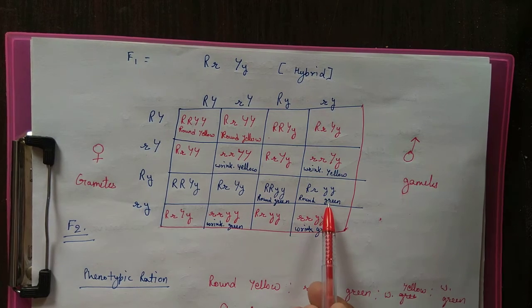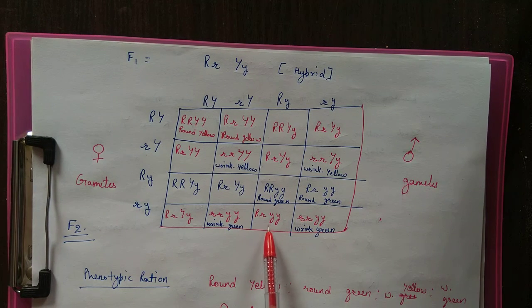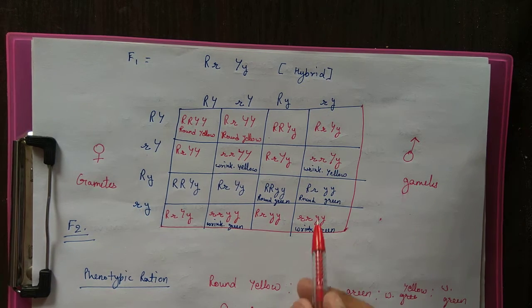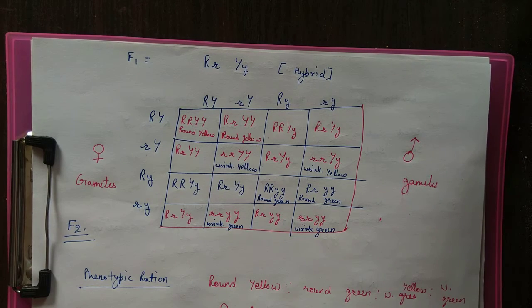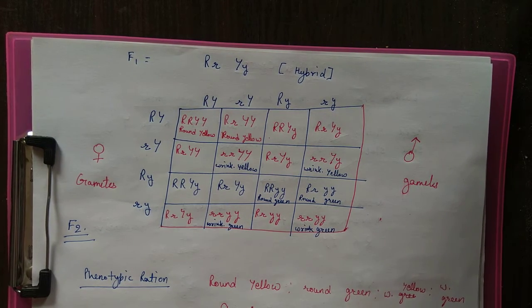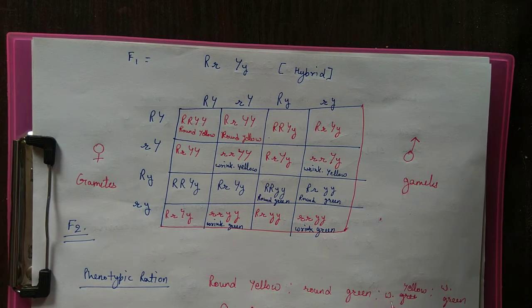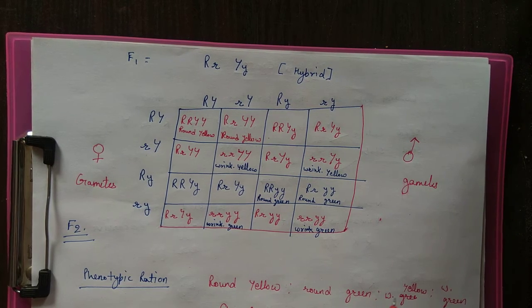This one, this one, this one, only 3: 1, 2, 3. Then we identify wrinkle and yellow. Wrinkle means the gene denoted by R is recessive, and the yellow color is dominant.